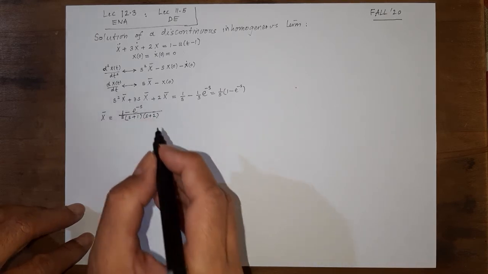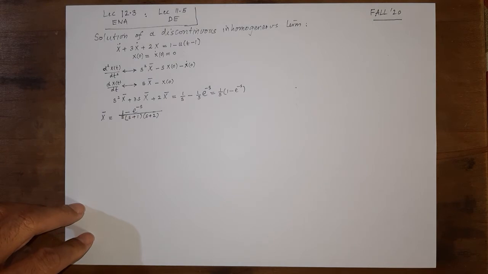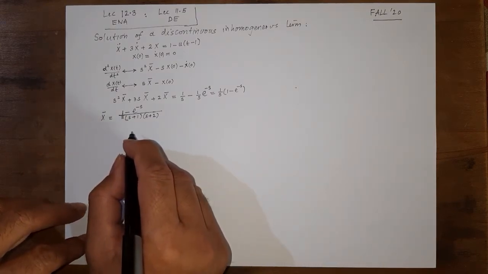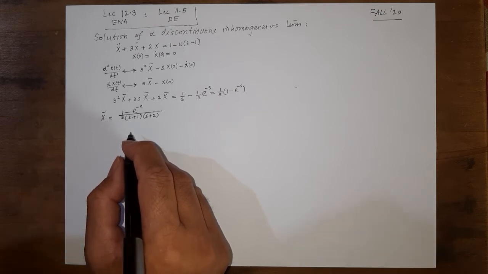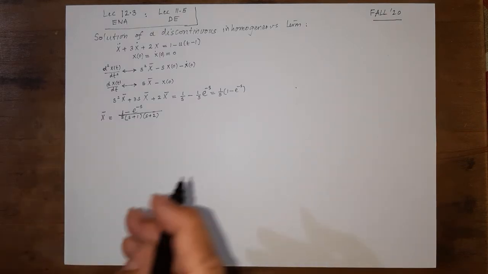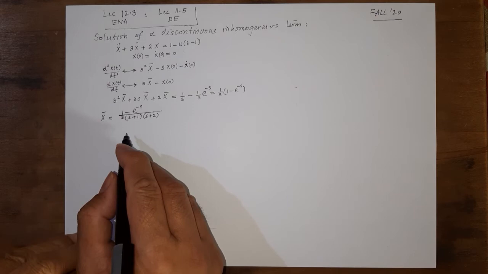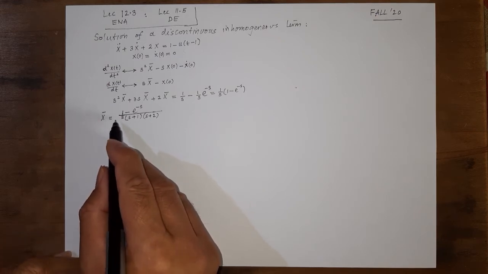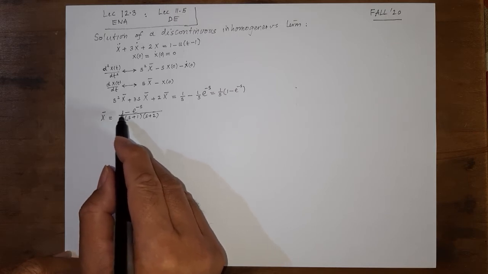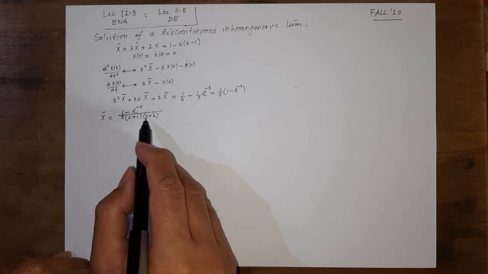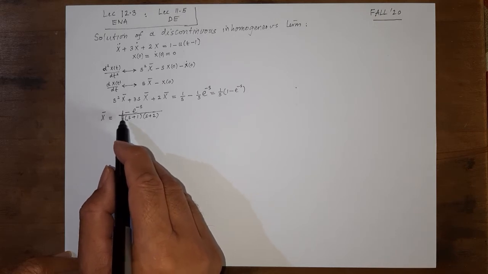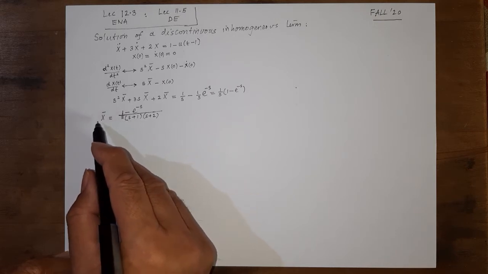Being able to factor a longer polynomial is a key skill. Okay, so now what is required is to write this in such a way that we can use tables to find the inverse Laplace transform and get x(t).